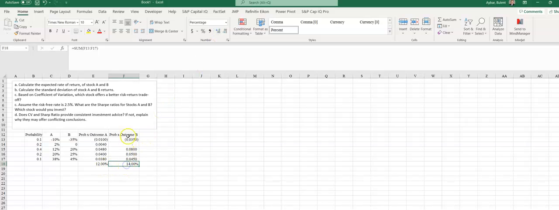So the expected return of asset A is 12%, and expected return of asset B is equal to 14%.